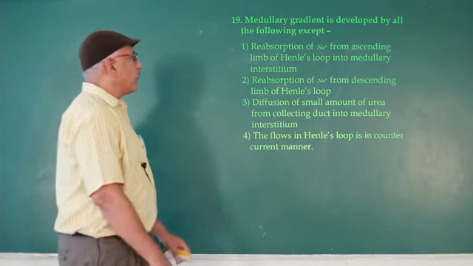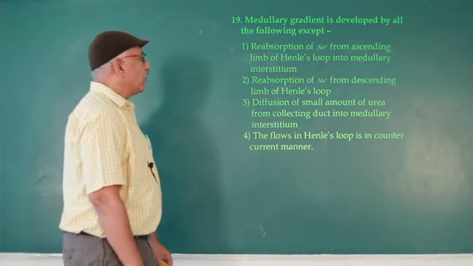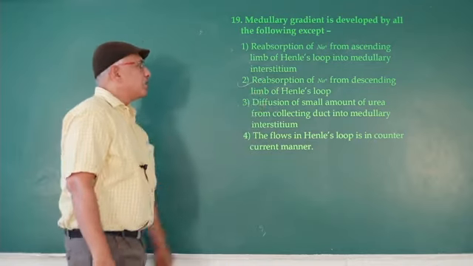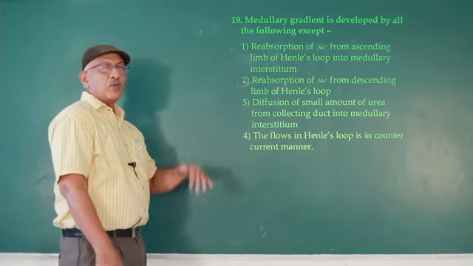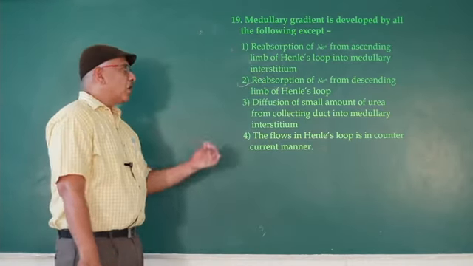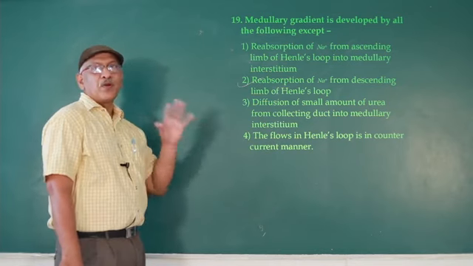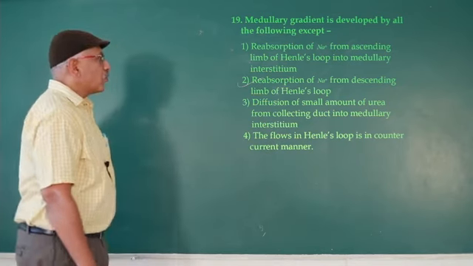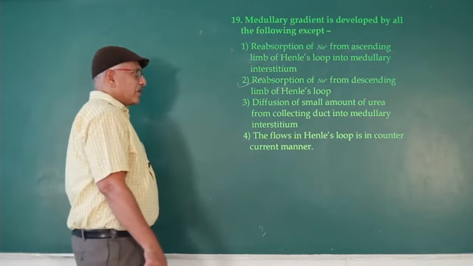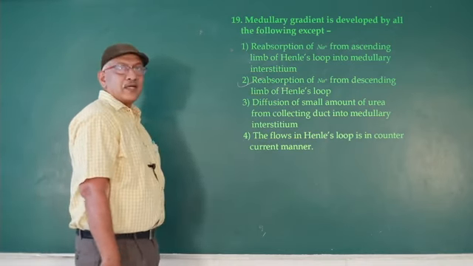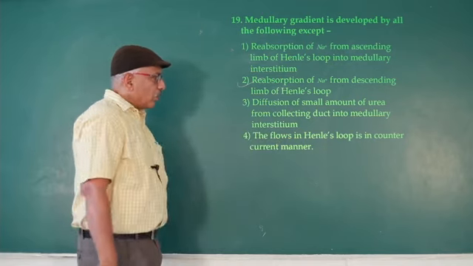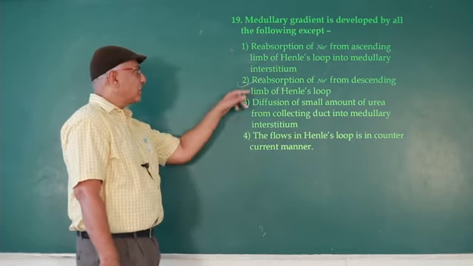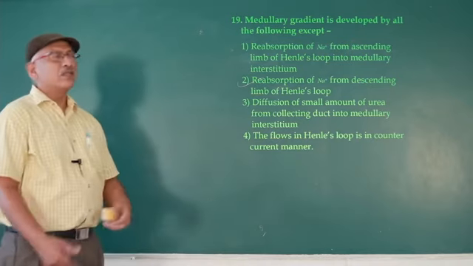Reabsorption of electrolytes is not possible in the descending limb. Why? The wall of the descending limb is impermeable to electrolytes. That's why it is wrong. Diffusion of a small amount of urea from the collecting duct into medullary interstitium, correct. The flow in Henle's loop is countercurrent, opposite, it is also correct. So the second statement is wrong.